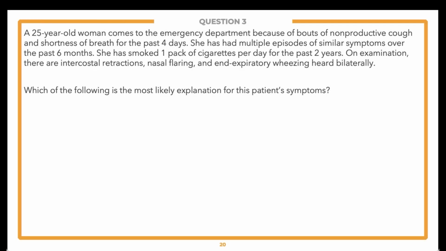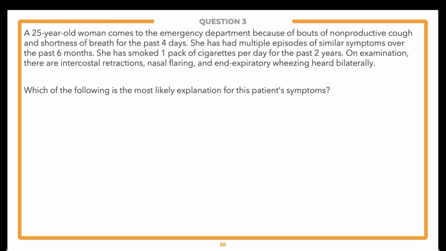So let's dig into it. The lead-in: Which of the following is the most likely explanation for this patient's symptoms? Okay, again, kind of a classic Step 1 type question. So with that in mind, let's read the vignette.